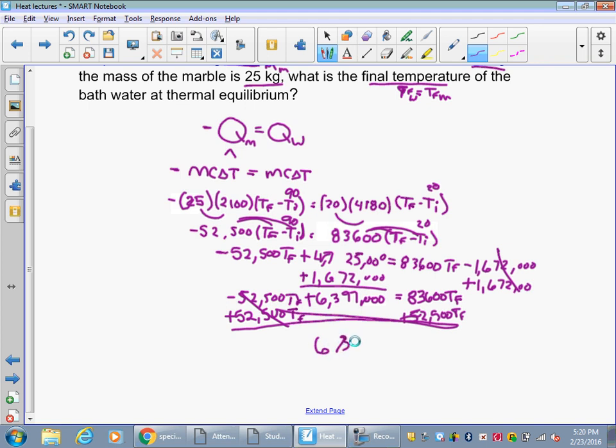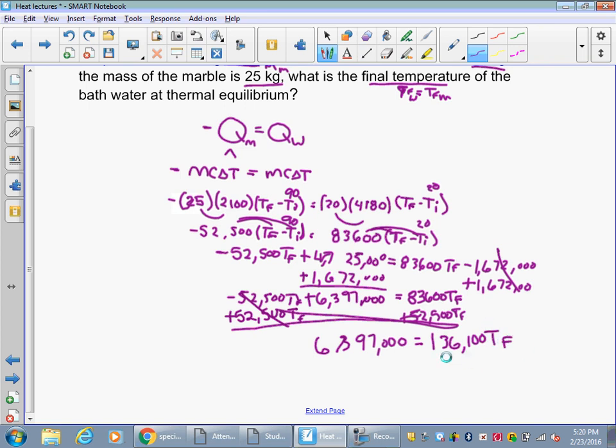I get 6,397,000 is equal to, and we add these bad boys up. It's a lot of algebra and math, but it's not too bad. You just have to keep track of your numbers and make sure you label. Add 52,500, and we get 136,100 T final.